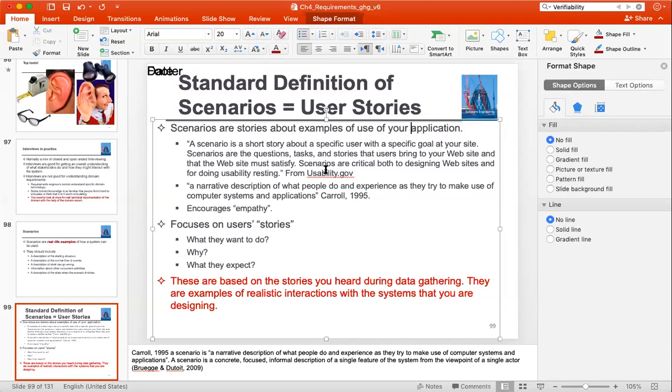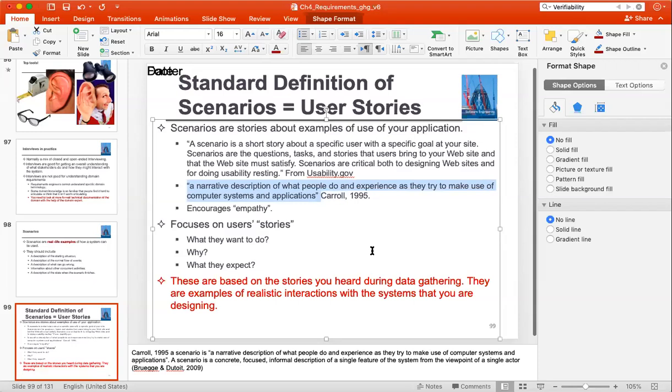Scenarios are critical both in designing websites and applications and for doing usability testing or just system testing in general later on. Here's another definition: a narrative description of what people do and experience as they try to make use of computer systems and applications.